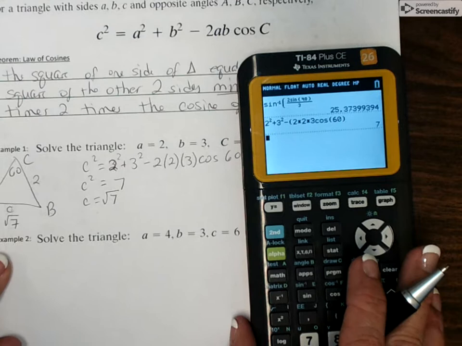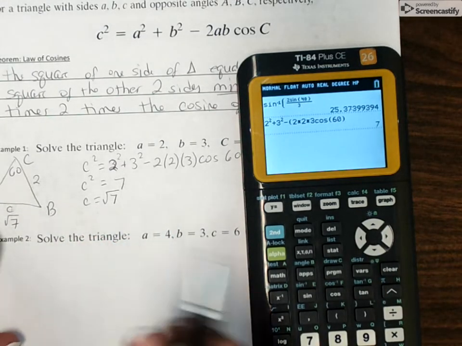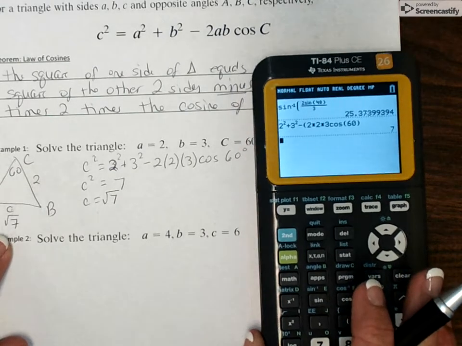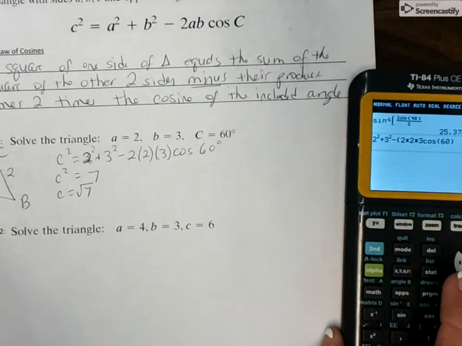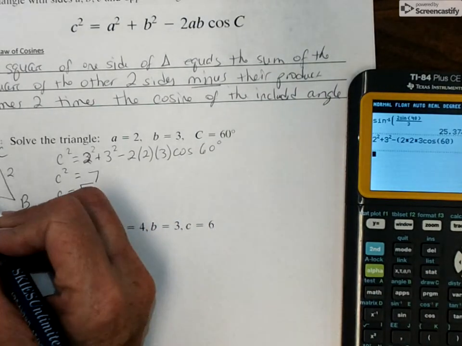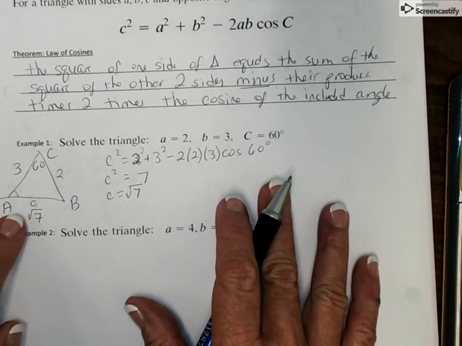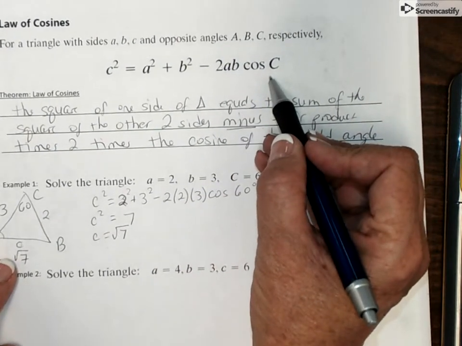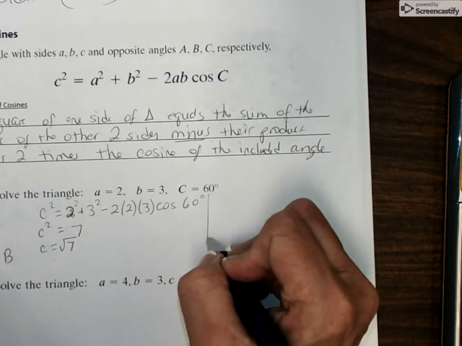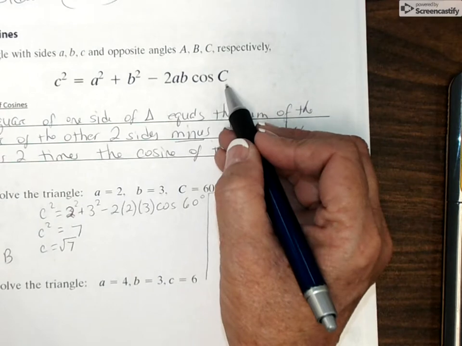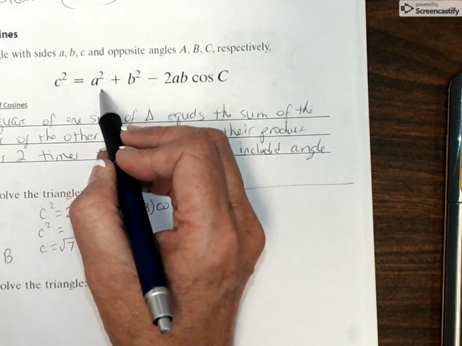So now I know all my sides. I still don't know angles A and B, so to solve for these, I'm going to use the law of cosines again. This time, I'm going to solve for angle A. Since I'm trying to find angle A, I need to have an A squared over here and the C squared here.